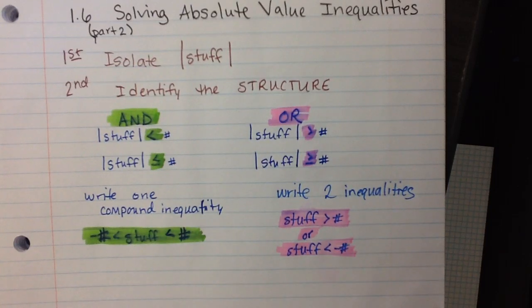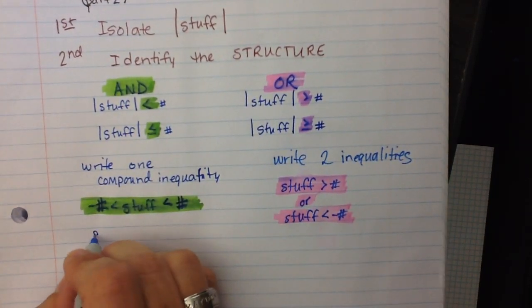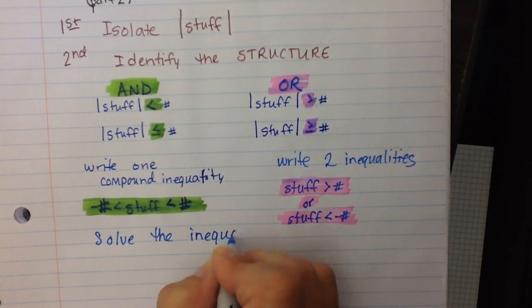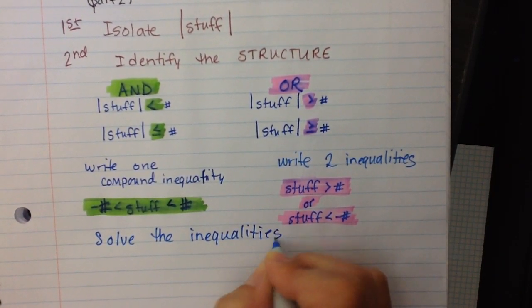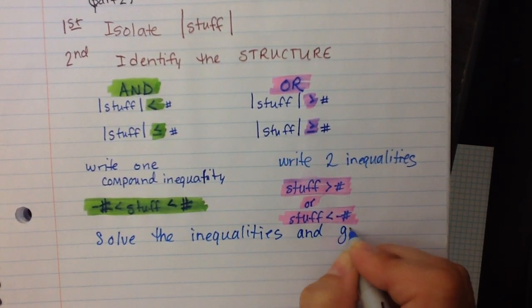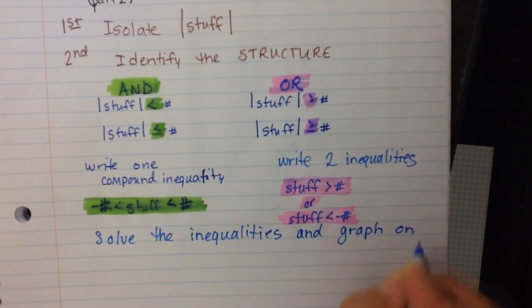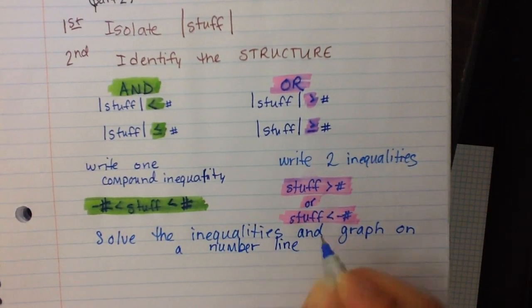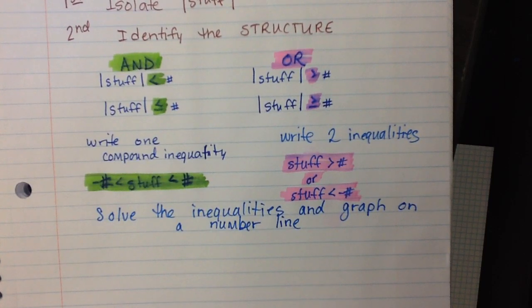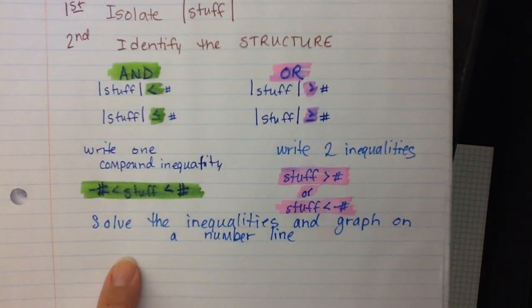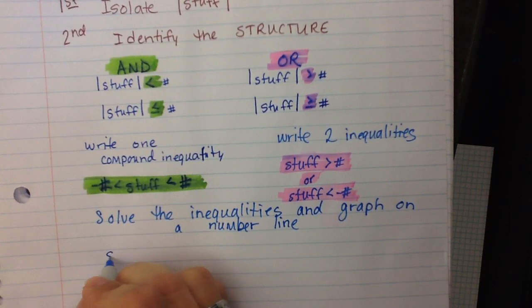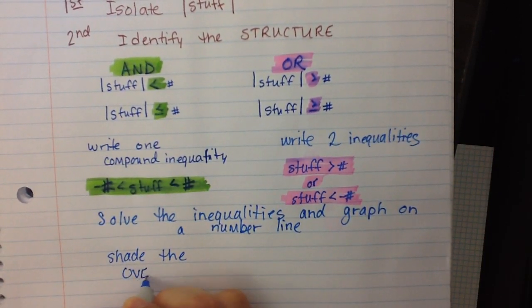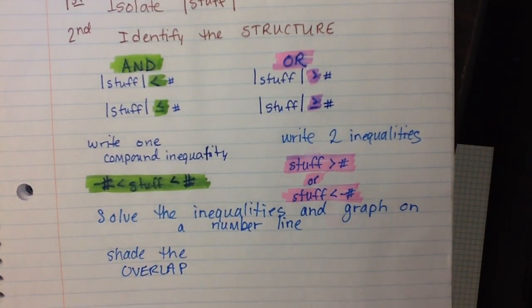Once we have these inequalities written, you're going to solve the inequalities and graph them on a number line. When we're working with the AND structure, we are only going to shade the region that is overlapping between our two inequalities.